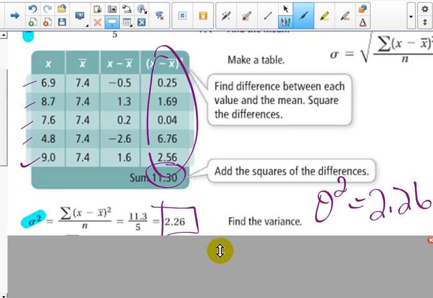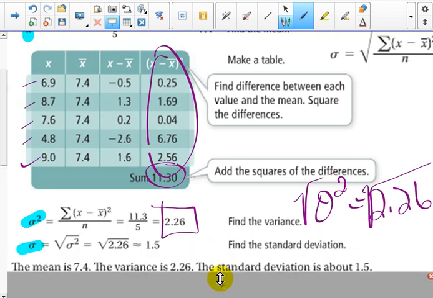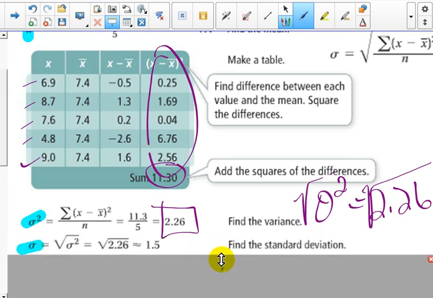Now, how do we get the standard deviation? Take the square root of the variance. So the square root of 2.26 is approximately equal to 1.5, they've rounded a tiny bit. They've rounded to 1 decimal point.